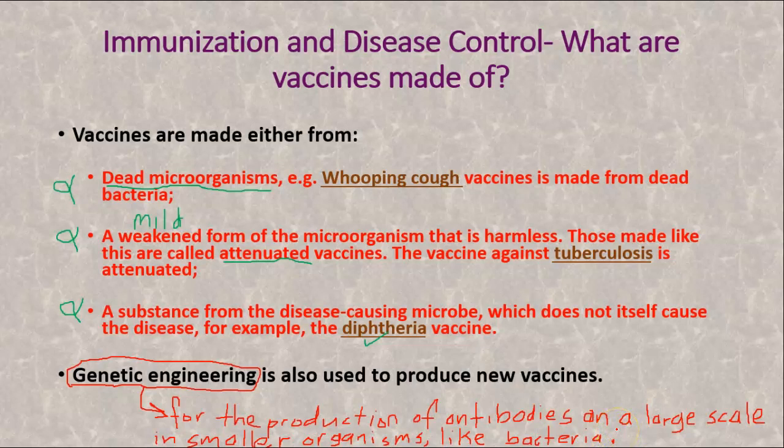So genetic engineering is used for the production of antibodies on a large scale, in smaller organisms like bacteria.